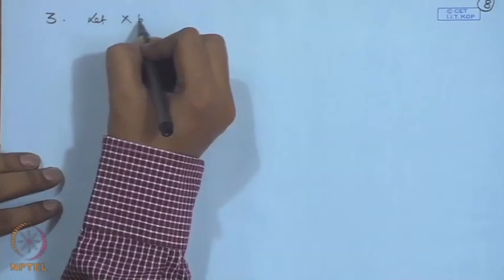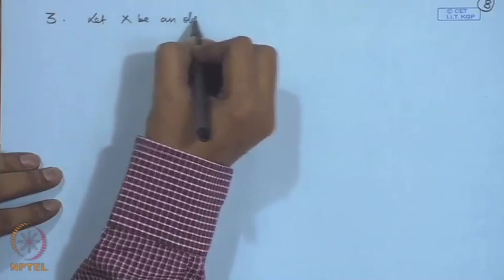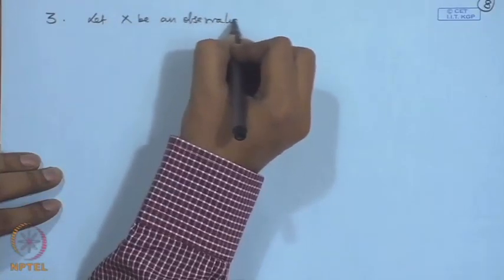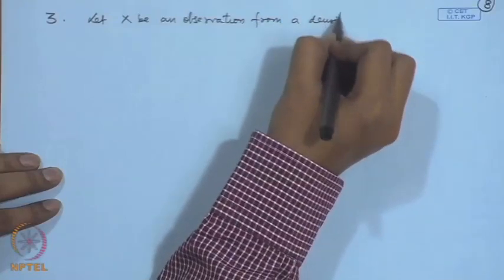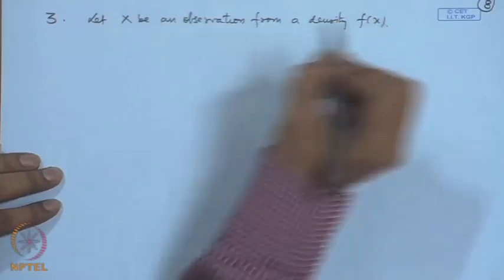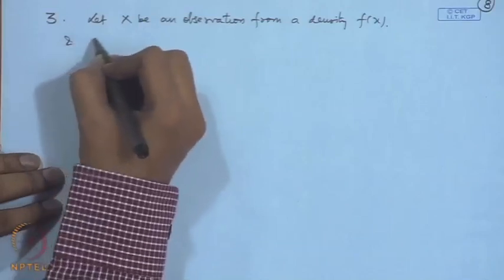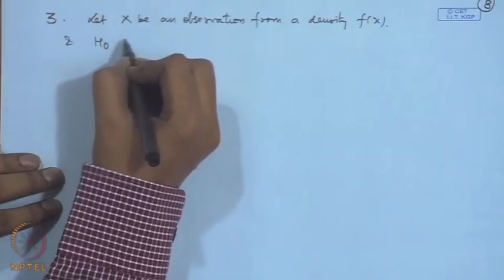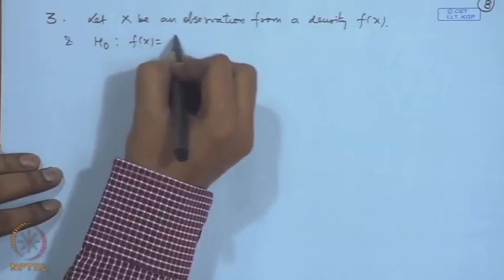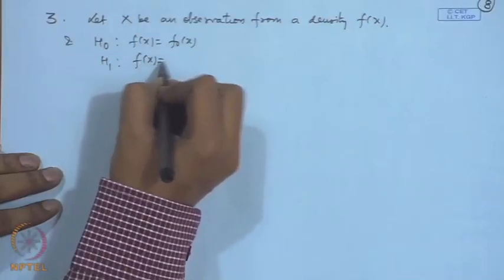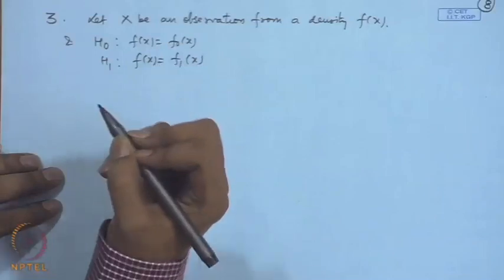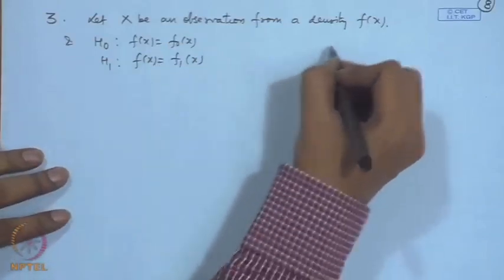Let x be an observation from a density f(x), and H0: f(x) = f0(x), H1: f(x) = f1(x), and f0 and f1 are defined like this.